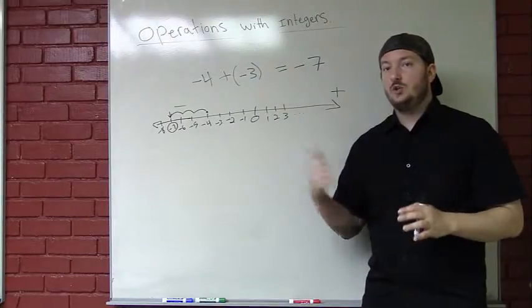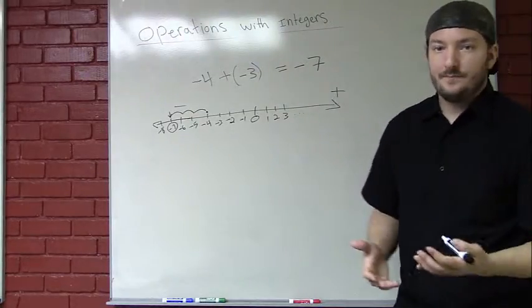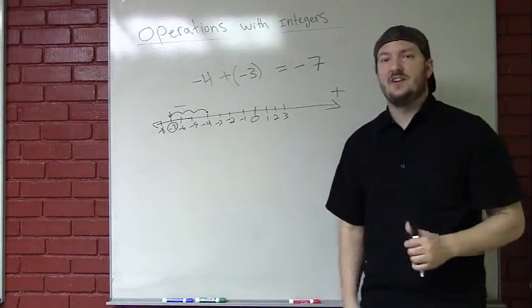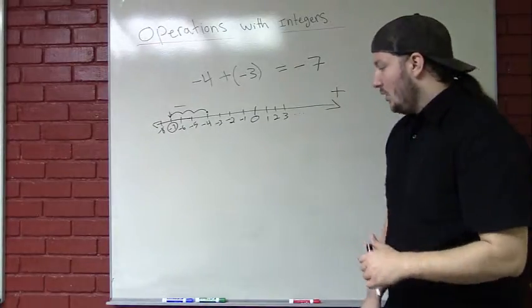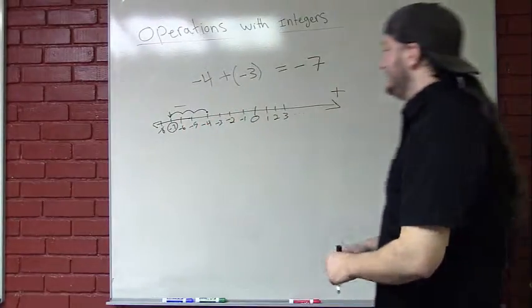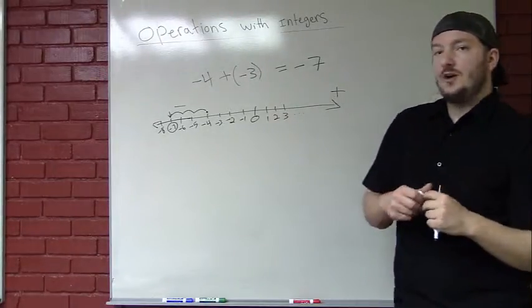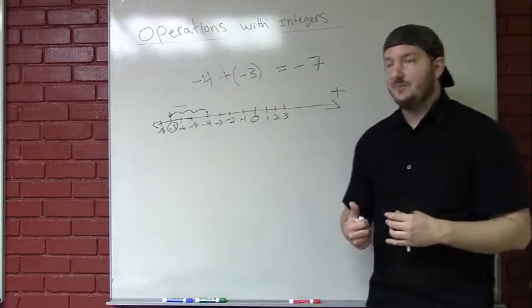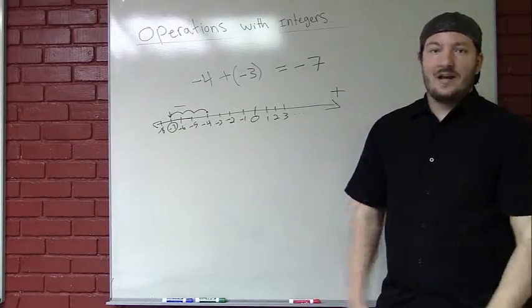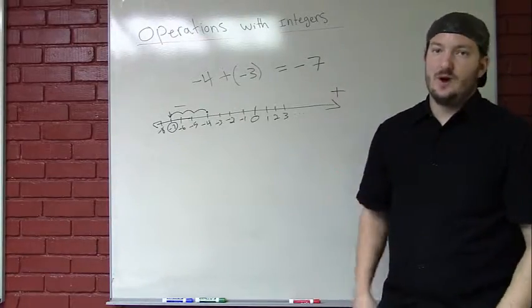So essentially you owe someone $7, okay? So hopefully that makes sense. This number line I really like, but eventually you're going to want to be able to do a lot of these in your head, because who wants to write a number line every time you do this problem, right?